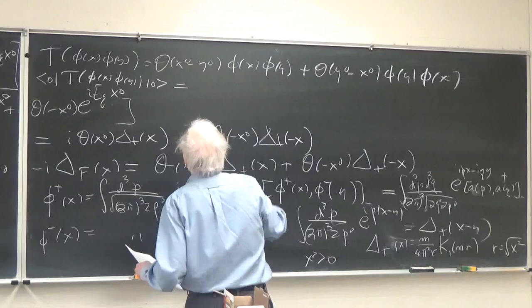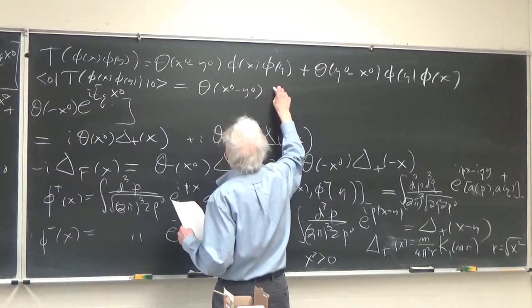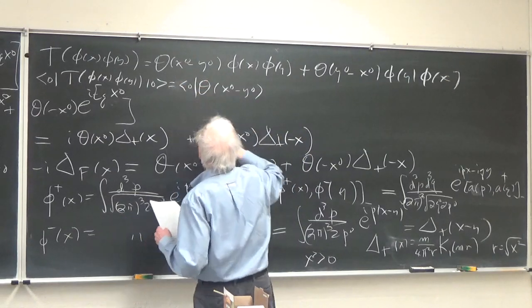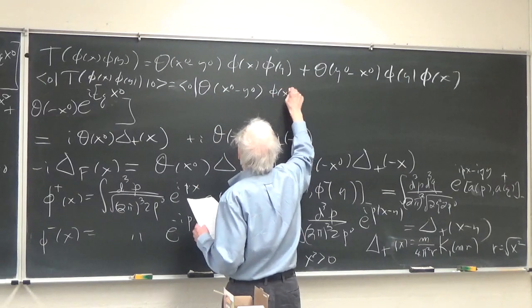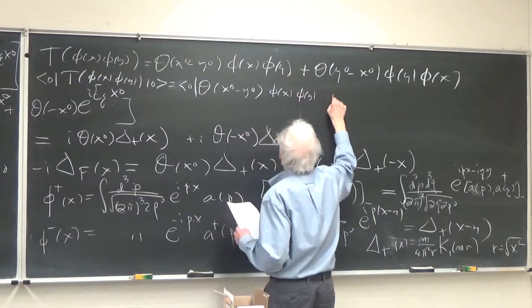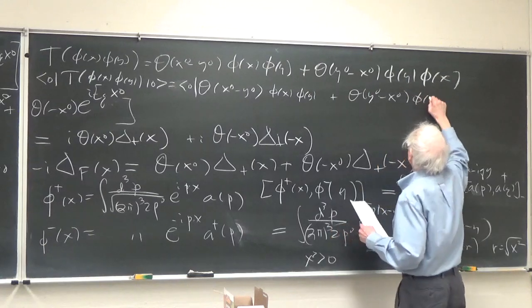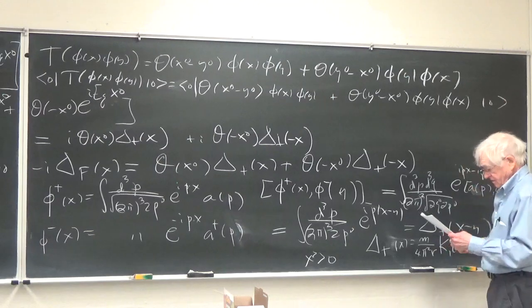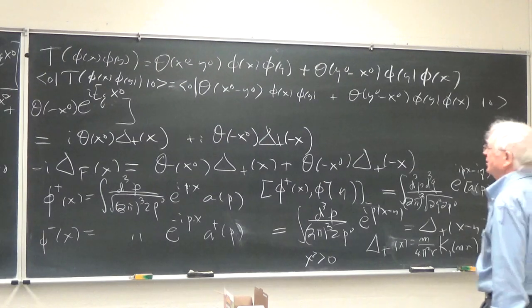So this is theta x0 minus y0, vacuum, phi of x, phi of y, plus theta y0 minus x0, phi of y, phi of x, vacuum. Okay, now there are a series of about 3 tricks, each of them very, very simple.